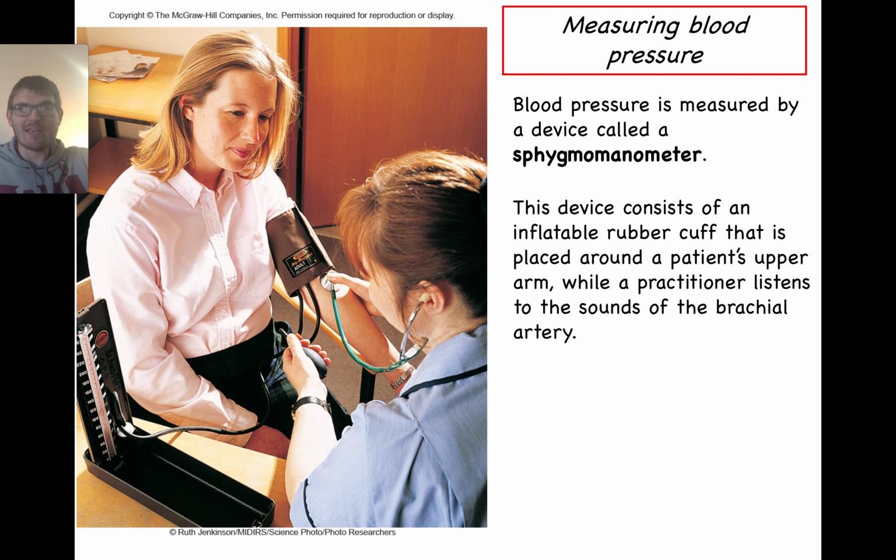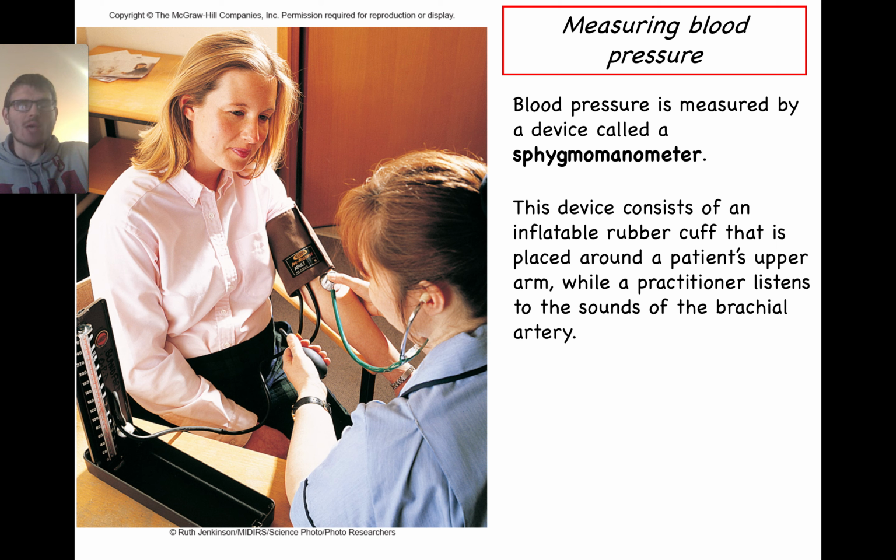It consists of an inflatable rubber cuff, which is always going to be necessary no matter what the technology is, placed around the patient's upper arm. We inflate it essentially to cut off the flow of blood through the brachial artery, the artery that moves down through the arm and supplies blood to the hand.